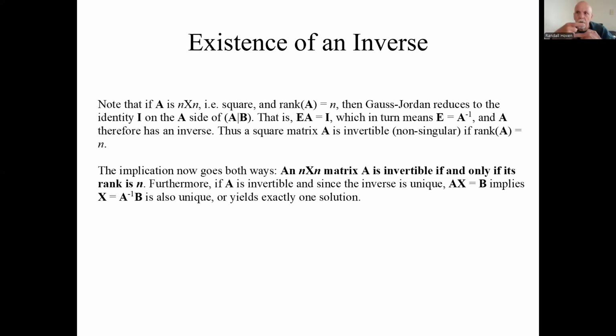So now we have both-way implications. A square matrix is invertible if and only if its rank is n, meaning it's full rank. It has no free variables. It also means all its rows and all its columns are linearly independent. And if that's the case, you get exactly one solution, meaning the X that solves AX equals B is unique.